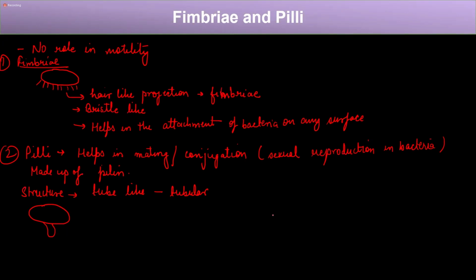Suppose you have one bacteria like this, and bacteria have extra chromosomal material, which we will study in later slides, known as plasmid. So if a bacteria has pili, it can transfer this plasmid. This plasmid is called F plasmid. So it transfers this plasmid through the pili.